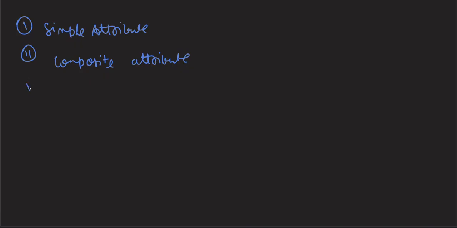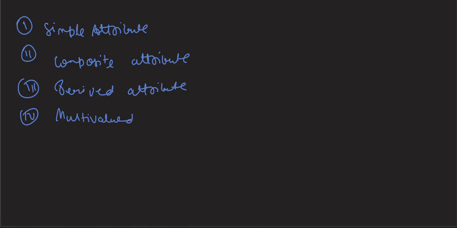Third one is derived attribute. And the last one is multi-valued attribute. So let's understand one by one. So a simple attribute means it cannot be divided further, like age. Okay. So this can be considered a simple attribute. समझ में आ रहा है?